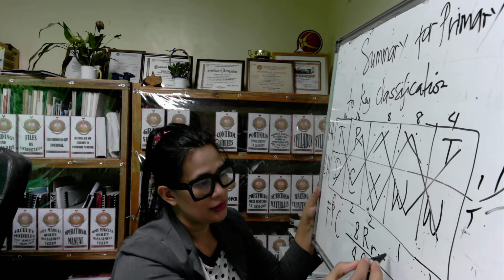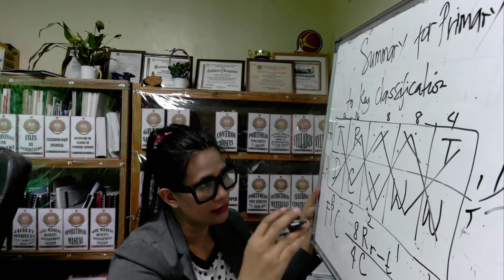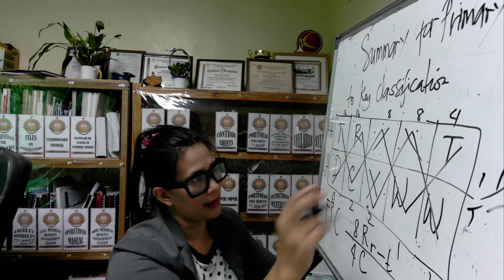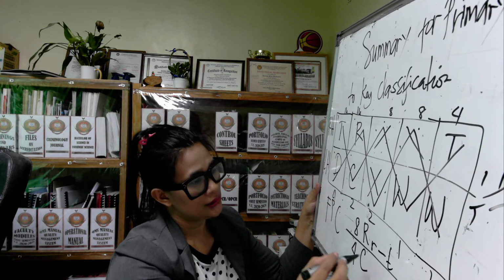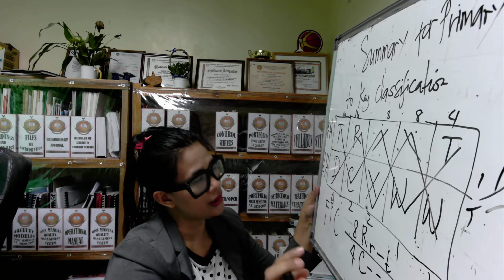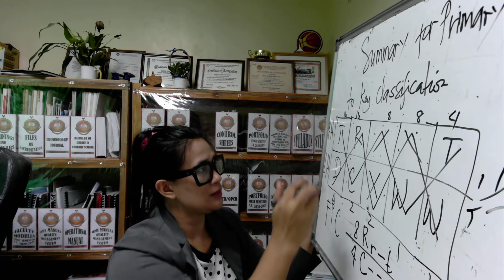So T, just copy it, but use small letter because we are on the secondary classification by small letter. Next is X. Okay, so this is dash, dash, dash. Don't forget your thumb since this is included in your secondary classification by small letter.